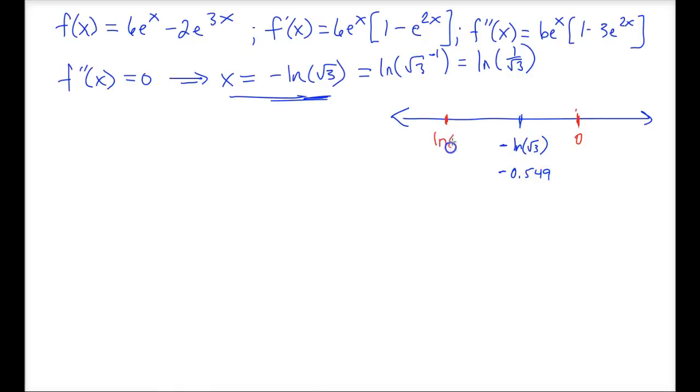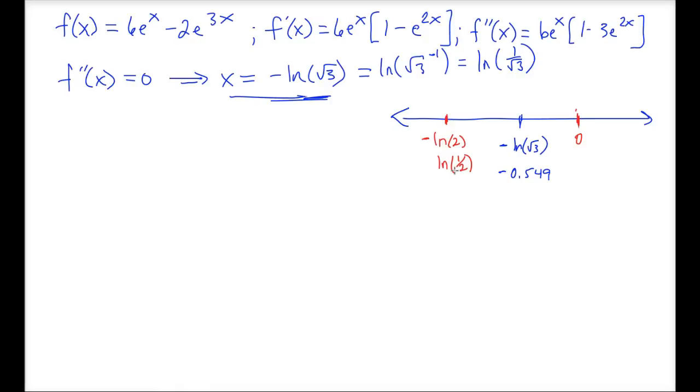So if I use natural log of 2, of course 2 is larger than 1.73. So negatively, that's going to be small. So we would just have that being a negative natural log of 2, which of course is the same thing as natural log of 1/2.